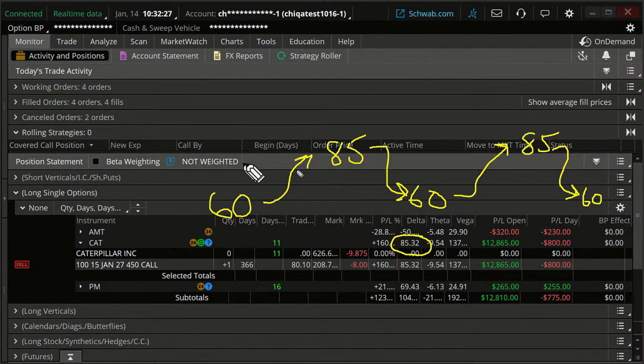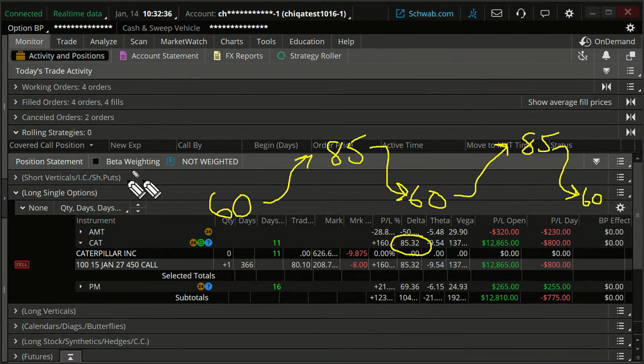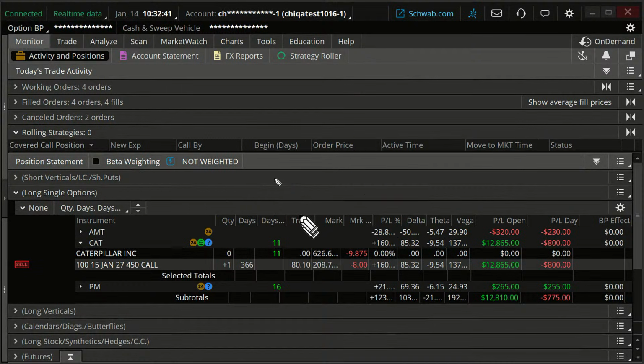Now, there's pros and cons about rolling it out. Let's talk about the pros to start, and then we'll do the cons. The pros are, I bring in a credit. That's a nice thing, and we'll see that in just a minute. The other thing is, I'm reducing the delta so that if it does go against us, it's going to go against us at a slower rate.